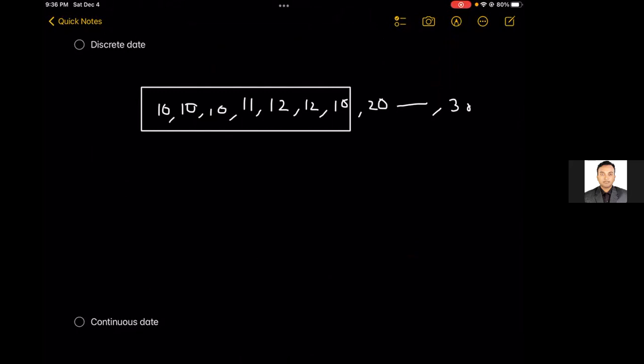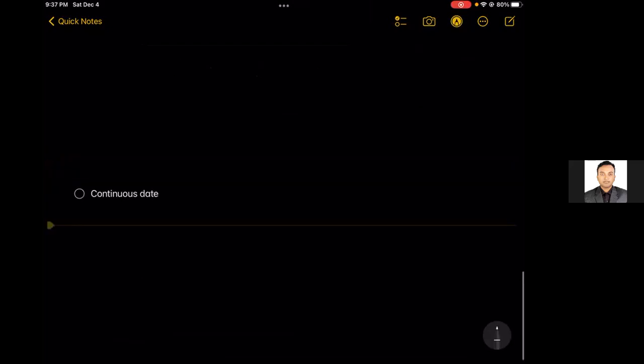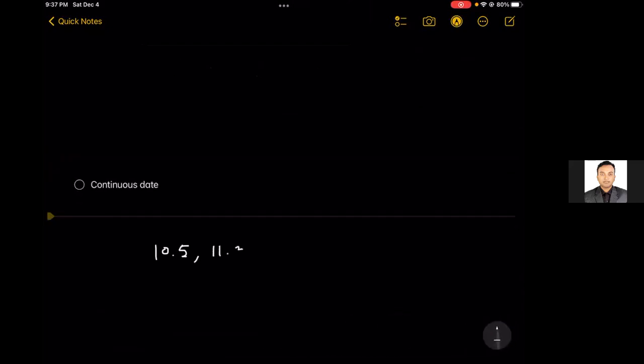Obviously, since we'll be working with continuous values, we'll have fractions, decimals, values everywhere. We probably have values like 10.5, 11.3, something like this, right? We'll have values with decimals and fractions. We'll definitely have whole numbers or integers as well, but we'll have fractions and decimals.